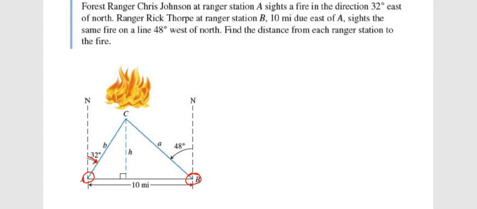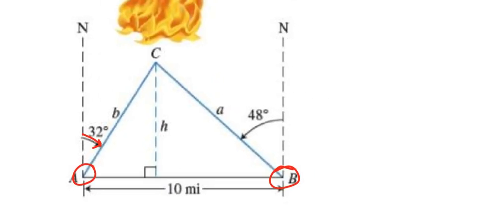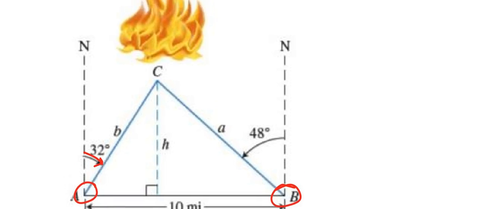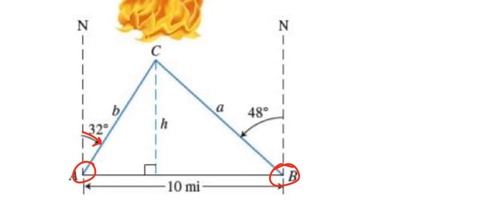Okay? So we need to look at what we have here. The fire is at point C. Now, what angle is down here in the lower left? 90 minus 32, which is 58. We always, in our minds, think about 100 when we subtract.